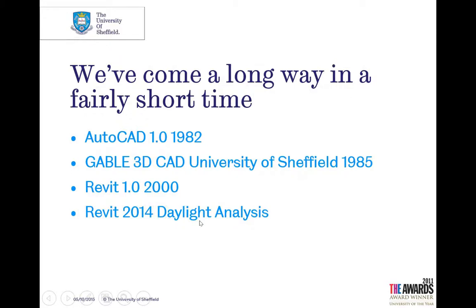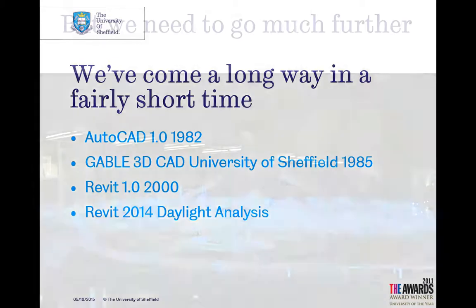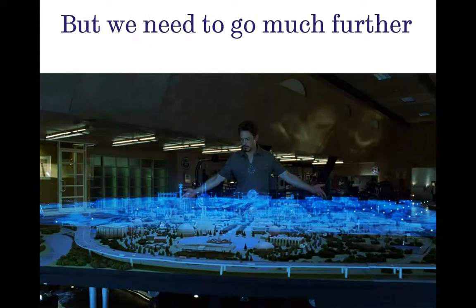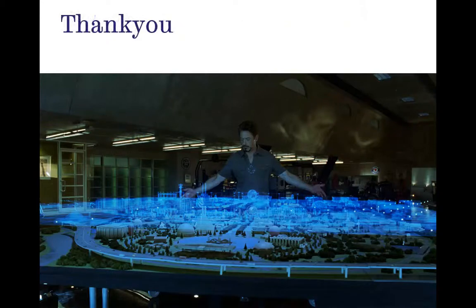Revit daylight analysis was only implemented in Revit 2 years ago. Before that, you couldn't do it. So we've come a long way, but my argument is that we need to go much further. And for us to be able to design really integrated, energy-efficient buildings, we need to be more sophisticated. Okay, thank you.